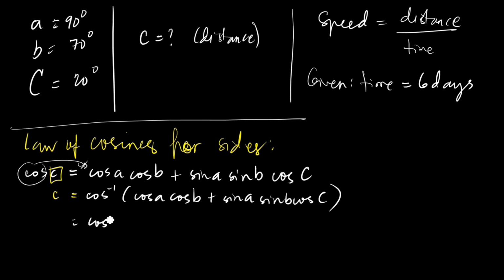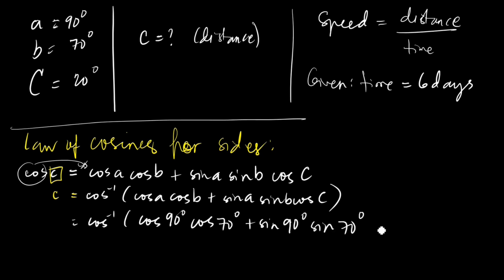Then we can already substitute. Then you circle Q. So we have cosine of 90 times cosine of 70 plus sine of 90 times sine of 70 times cosine of 20 degrees.